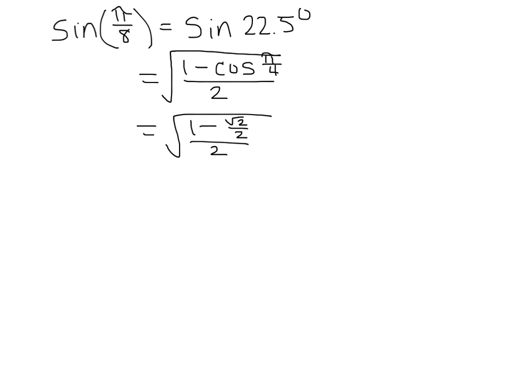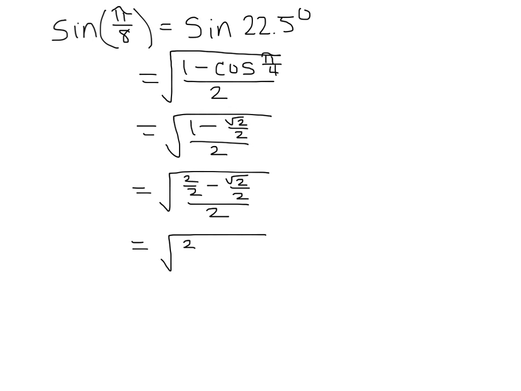At this point, again, it's all algebra. If we let the 1 be written as 2 over 2 to create the common denominator, we get this. Putting the numerator together, you end up with 2 minus root 2 over 2 divided by 2. Dividing by 2 is multiplying by 1/2.